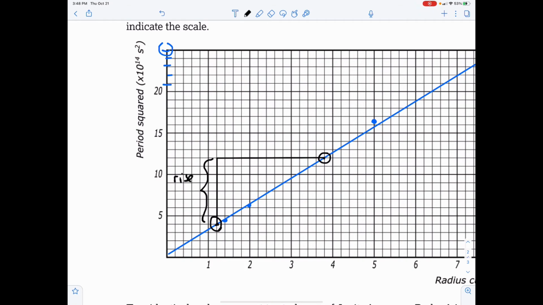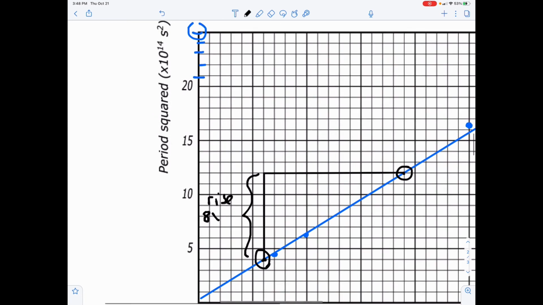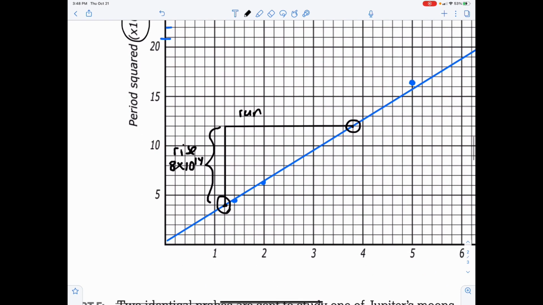Rise. Now the rise is not 8. These are where we've got to be careful. The rise is not 8. It's 8 times 10 to the 14. Okay, you've got to be careful. The run, we get by taking this number here, which is 3.8, and this number here, which is 1.2. Subtract those, and we get a run of 2.6.